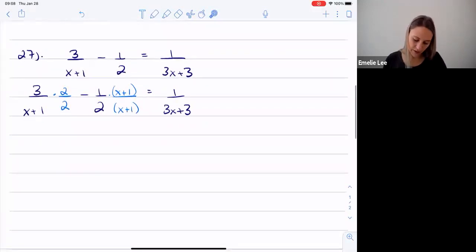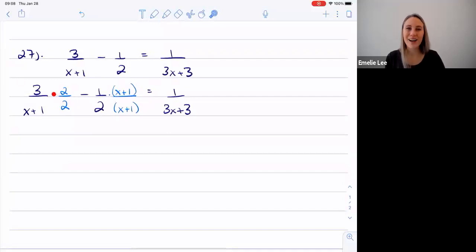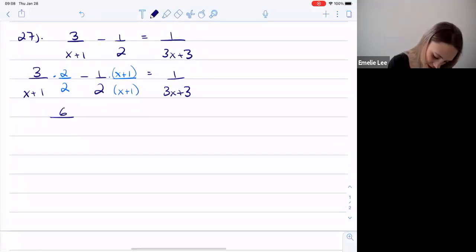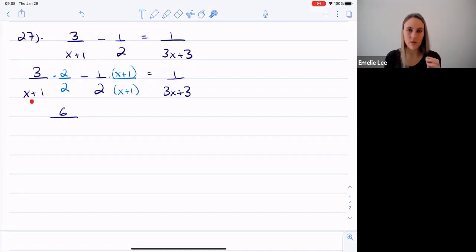So now, right, I can multiply two fractions. That's easy. I just smush them together and multiply. So I get 3 times 2 is 6 over, and what I'm going to do is keep this x plus 1 as is. Okay, so I'm not going to expand this 2 times x plus 1. And that's just a matter of practice. If you were to expand it out, there's no harm in that, because you could easily just factor out the 2 times x plus 1 anyways.